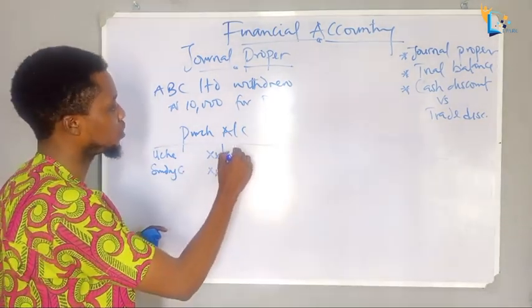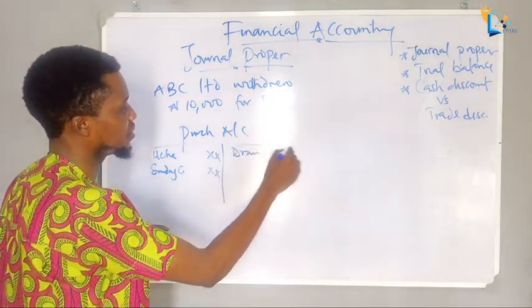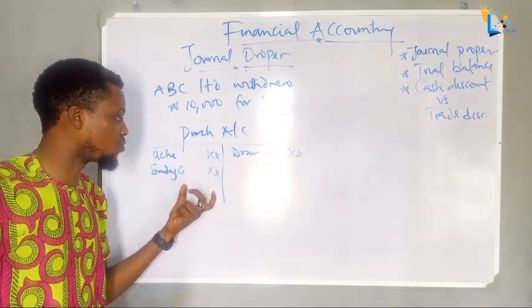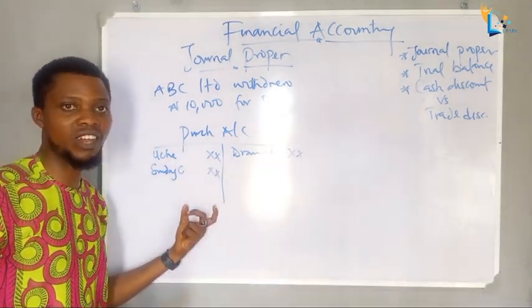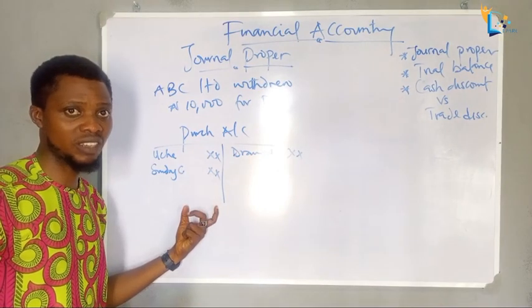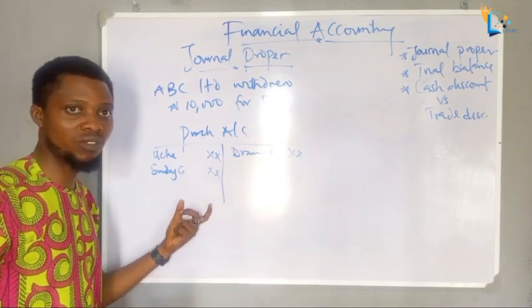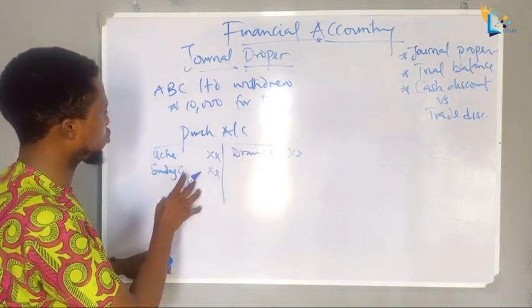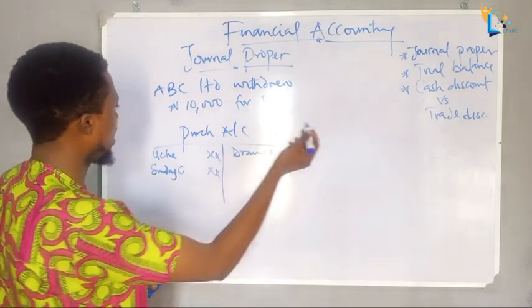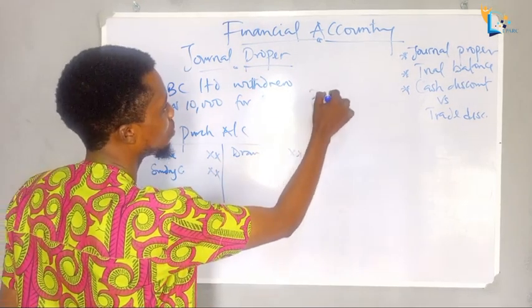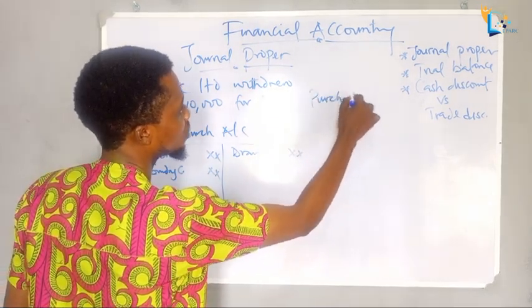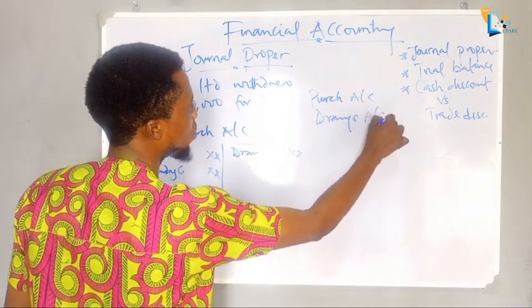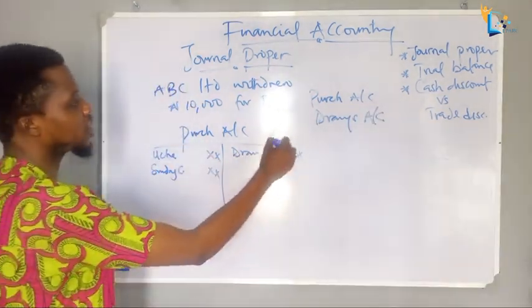So you have drawings here. You see now, this value here is reducing the total value on this debit side. Do you understand? This value is reducing the total value of this debit side. So the two accounts involved here are the purchase account and drawings account. Okay? And drawings account. So here we credit.